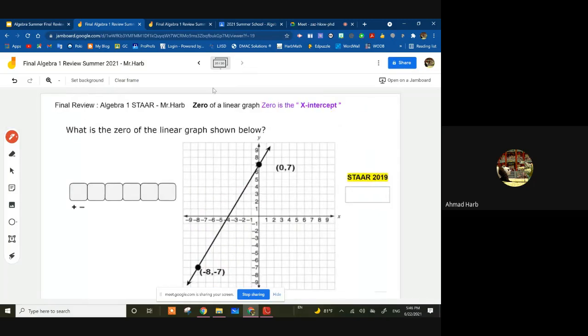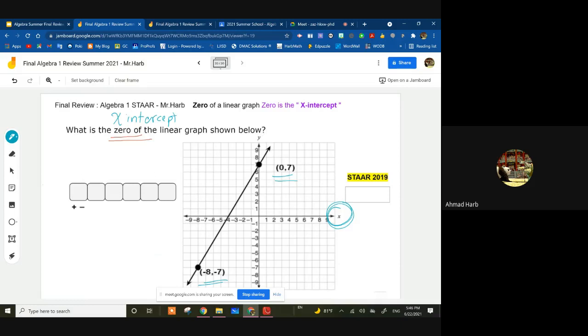The next question is a tricky one. What is the zero of the linear graph? Well, the word zero of the linear graph means the x-intercept. So the word zero means the x-intercept. So where is the graph crossing the x-axis? That's what the zero means. So these numbers they're giving are to distract you, because you automatically will try to do the slope and all that.